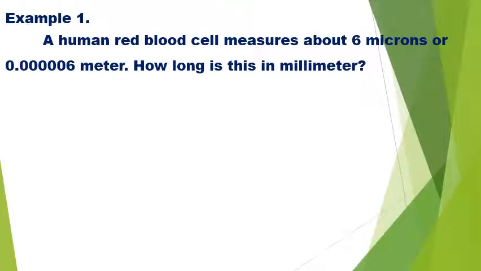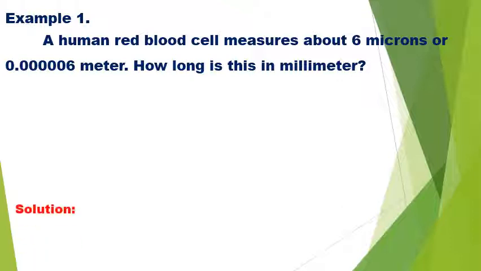Now let us try to use that in solving our problem. Number 1. A human red blood cell measures about 6 microns or 6 millionths meter. How long is this in millimeter? So meaning for this problem, we are asked to convert meter into millimeter.